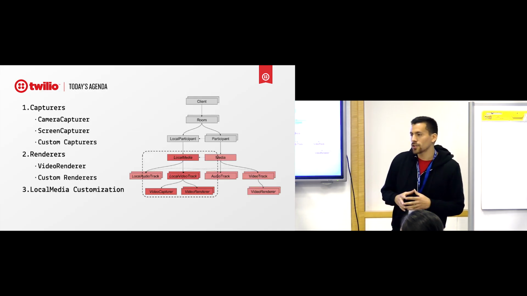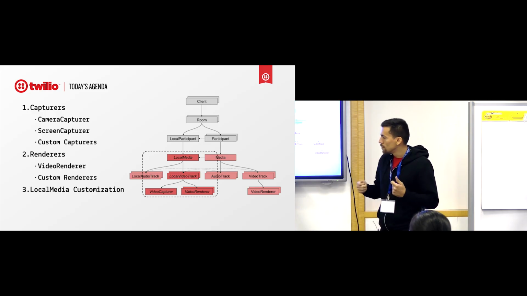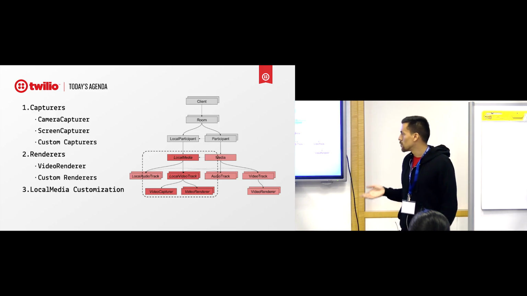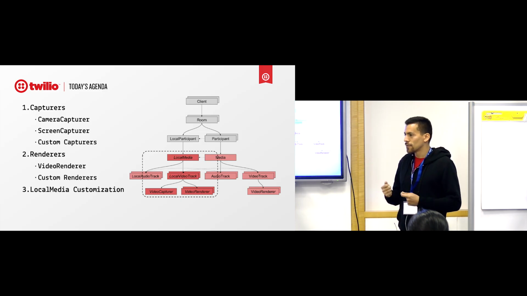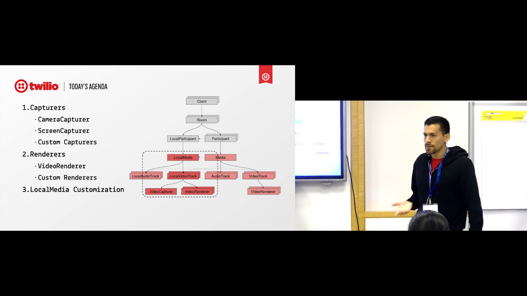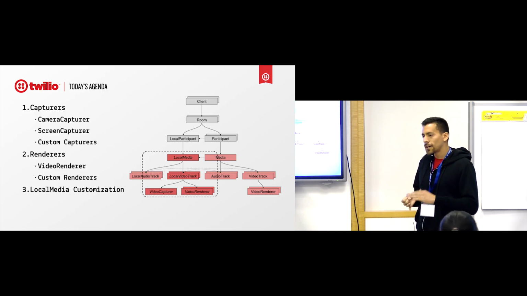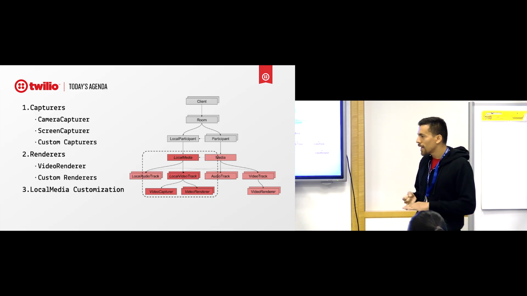So today I actually wanted to focus primarily on the local media and how you can make changes to captures as well as renderers to get sort of more unique user experiences for your users. And so I'll be talking specifically about captures. I'll talk about kind of the standard camera capture. I'll share a screen capture that we've added to our SDK.